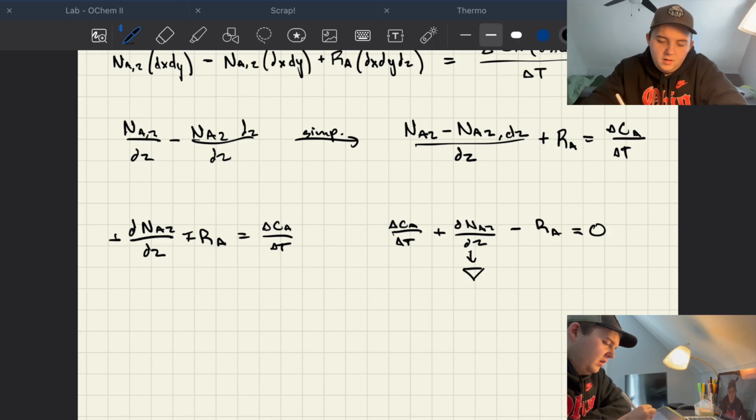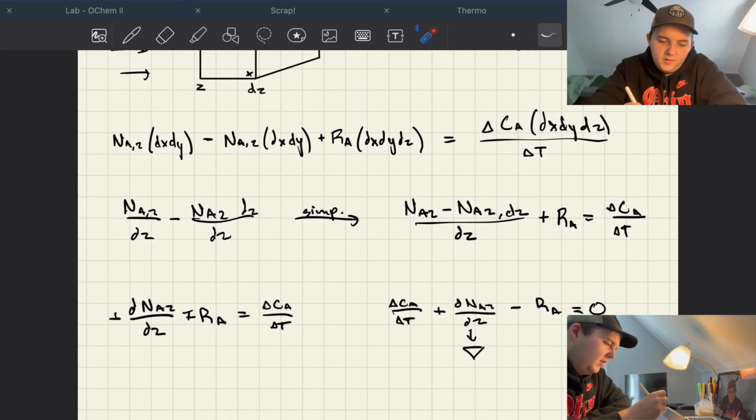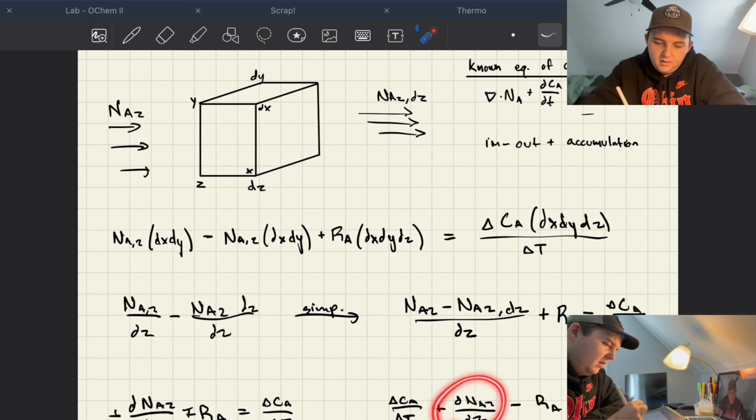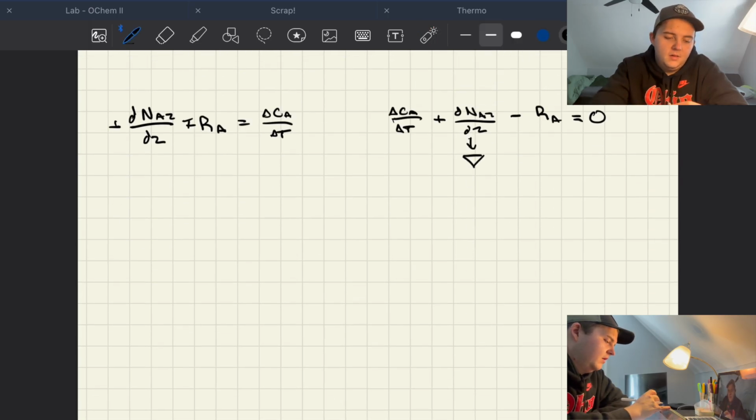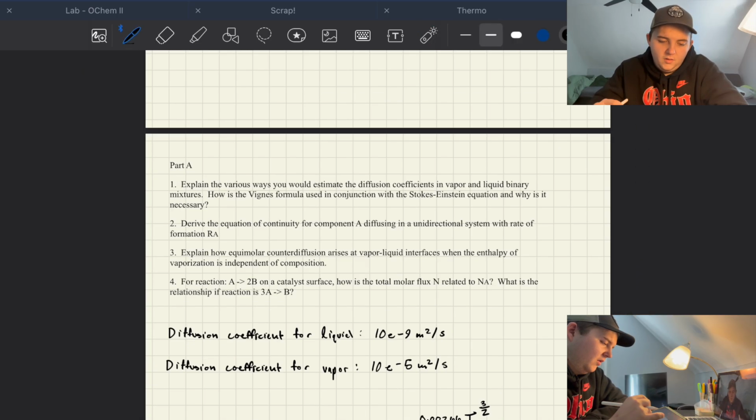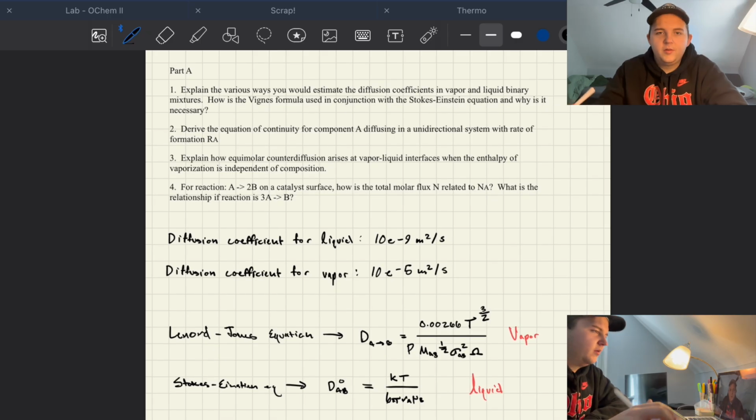So when we're seeing this here, this value is just equal to this value. So everything makes sense. It looks a little different, but it is the same. So now we're going to move on to part 3.